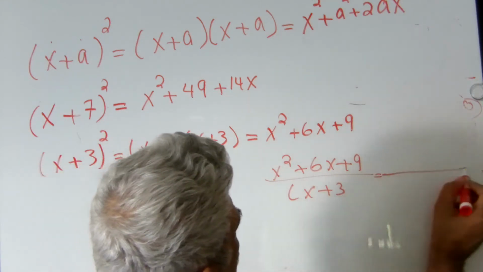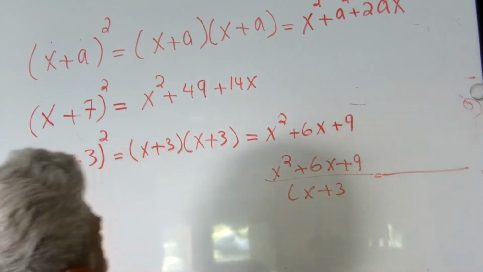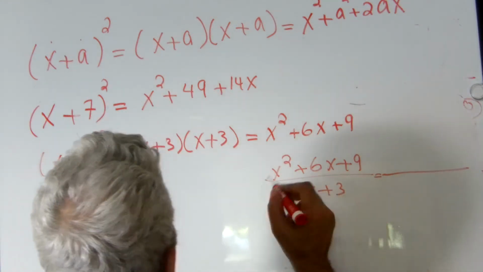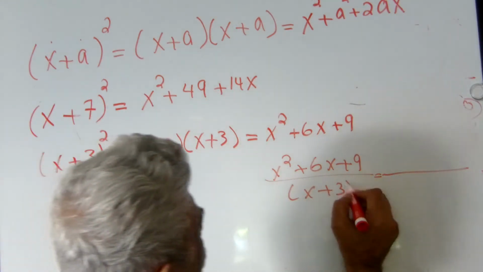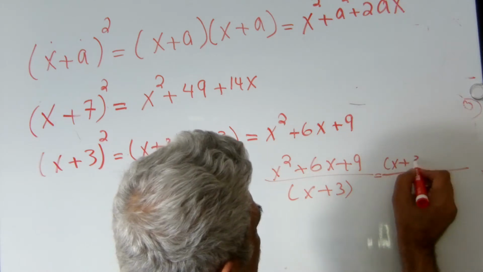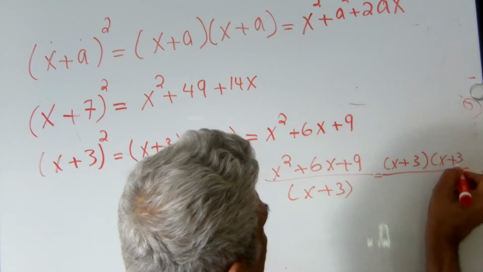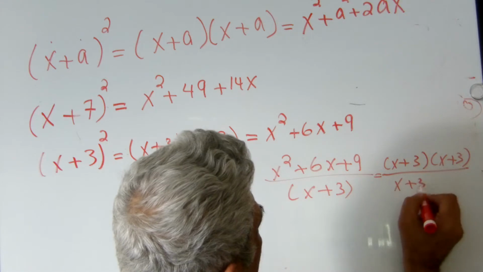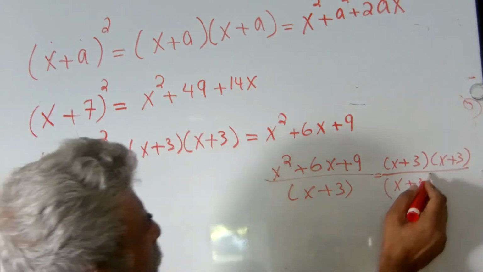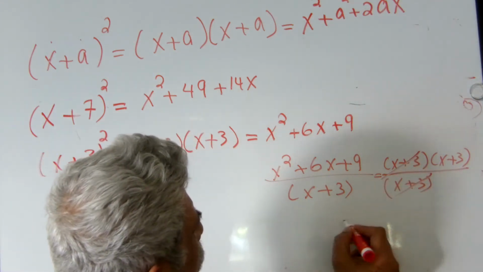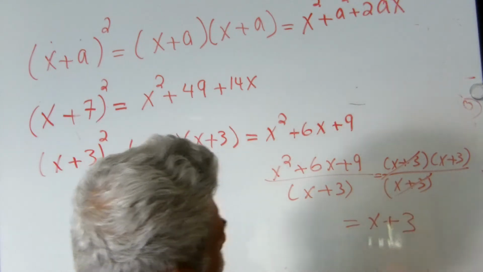We can write this in a factor form, x plus 3 times x plus 3, and then x plus 3 in the denominator. We can cancel this out. That's going to be x plus 3.